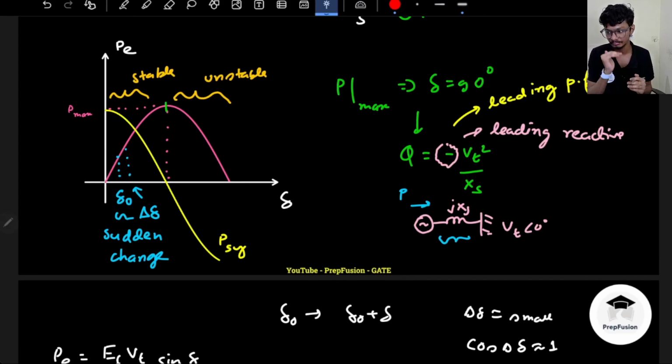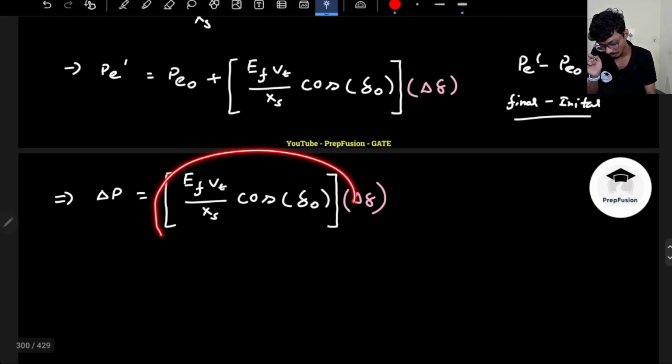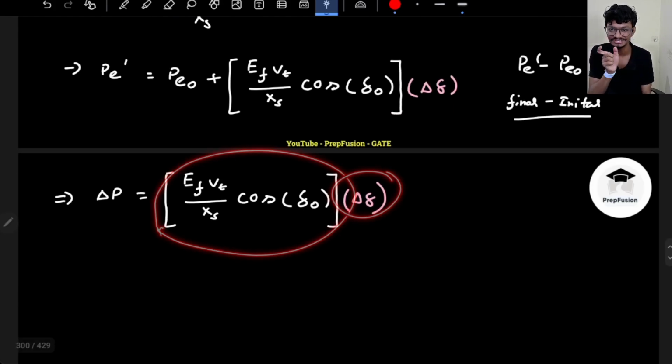For a motor, let's say I'm giving a load for a motor, same will be happening for a generator as well. For a motor, if I am suddenly changing the torque angle here, someone needs to supply that extra power. So this is the amount of extra power that needs to be supplied according to the change in delta.